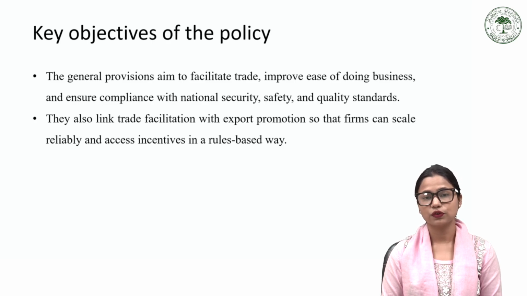Improvement of ease of doing business. Doing business is complex and certainly more complex when foreign countries are involved. A lot of uncertainty accompanies this problem. In order to reduce these uncertainties, the EXIM policy tries to improve on various parameters of ease of doing business.